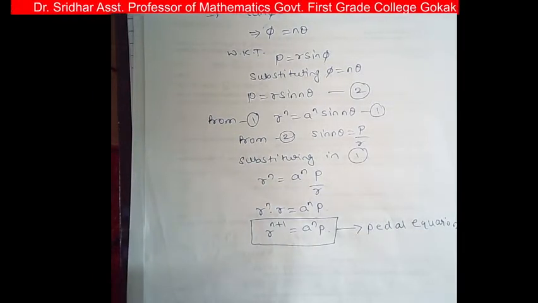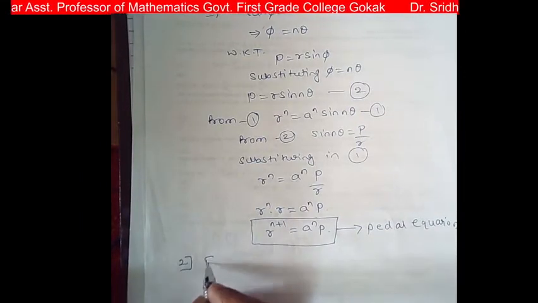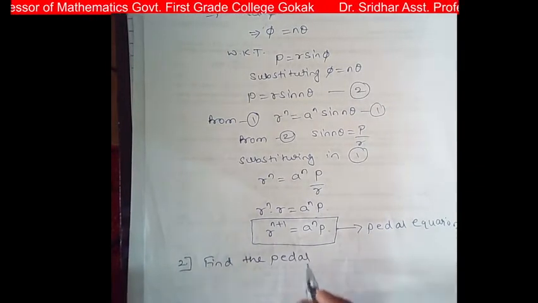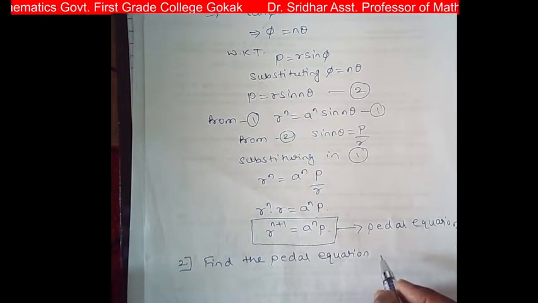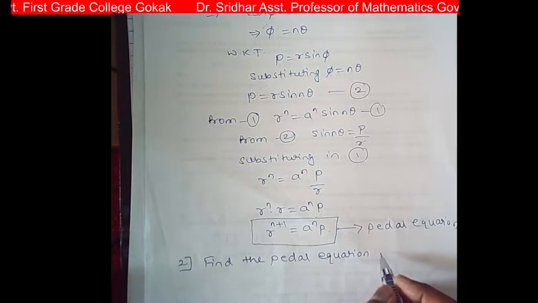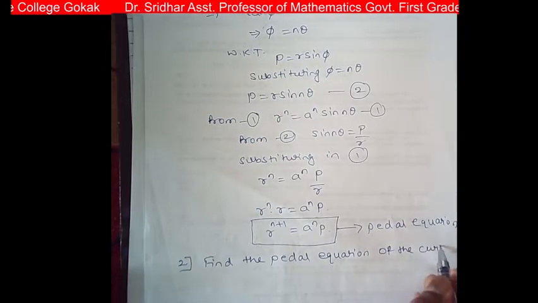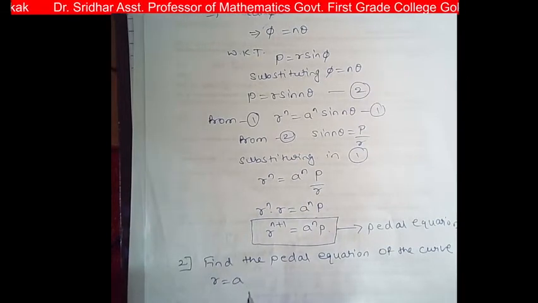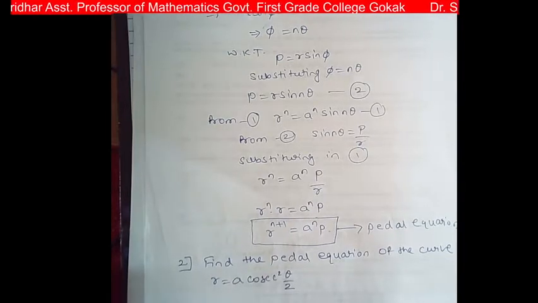In the same way, we solve the second problem. Find the Pedal equation of the curve r is equal to a cos squared theta by 2.